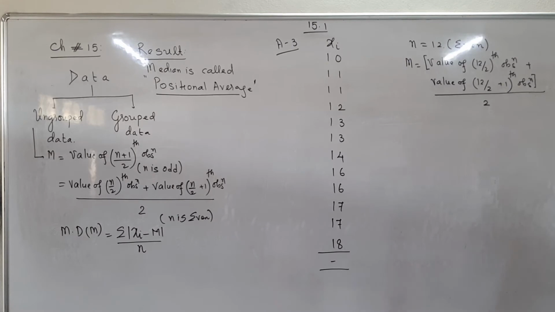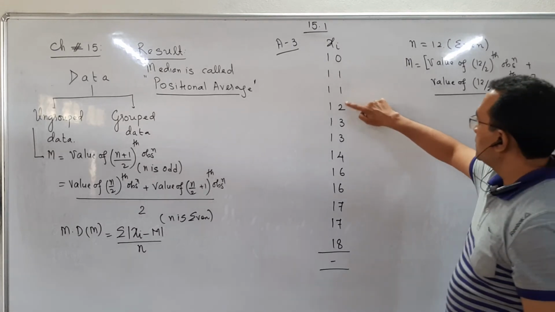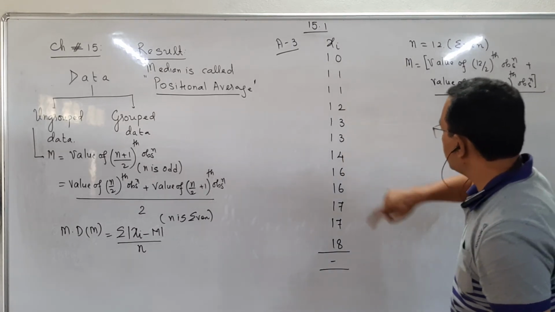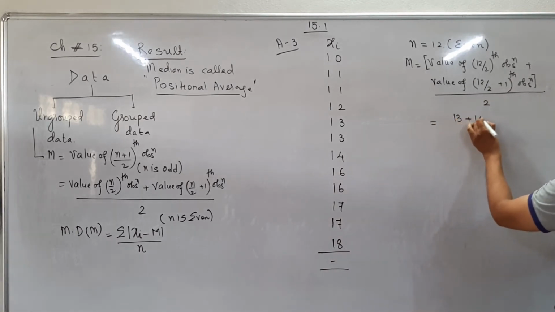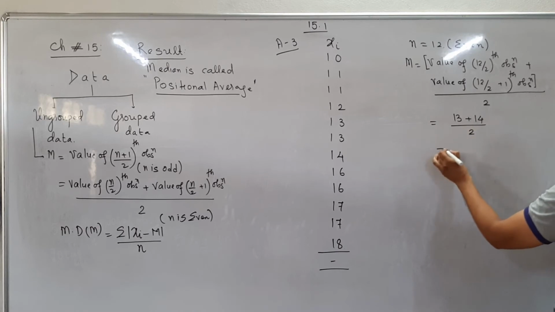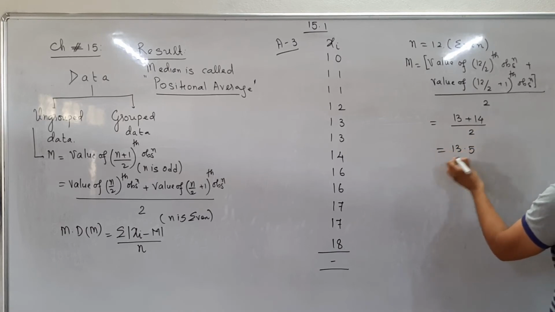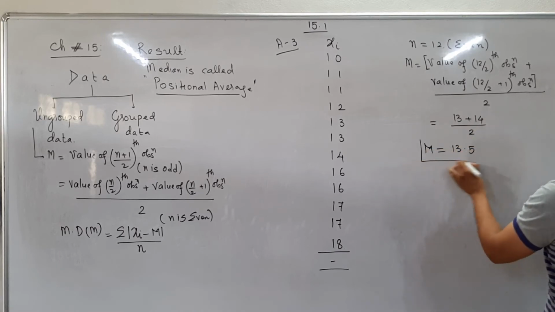So 12 by 2 is the 6th observation. Count 3, 4, 5, 6 and the 7th observation. So 13 plus 14 divided by 2, and that is 13.5.